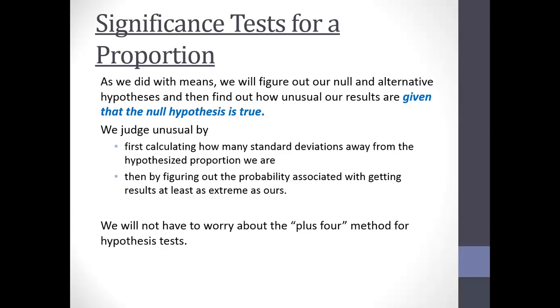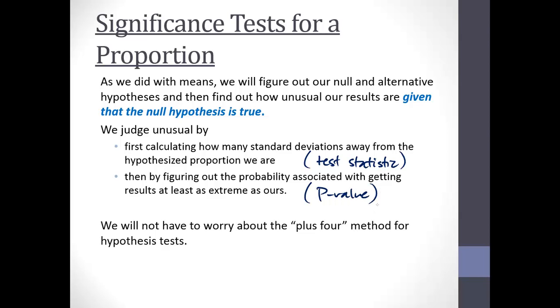And of course we judge unusual here by finding how many standard deviations we are away from the hypothesized proportion. So this is our test statistic. And then using how far away we are from what we hypothesized, we can find the probability of getting a result as extreme as we have gotten, and that's our p-value.